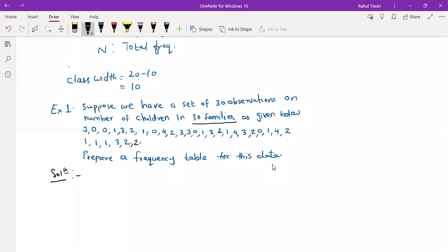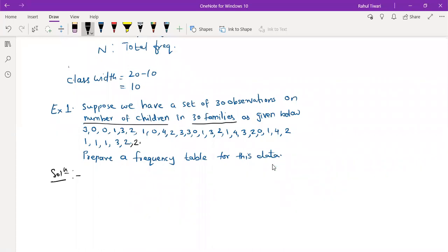Let's see how we can solve such an example. Now if you see this, the minimum number is 0 and the maximum number is 4. Means how many distinct observations do we have? 0, 1, 2, 3, 4. Only a few observations are there, so you are able to count them. Here they are talking about the number of children, which you can count. That means x is a discrete random variable.